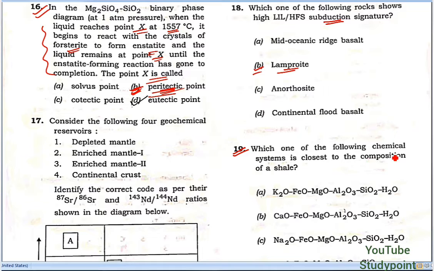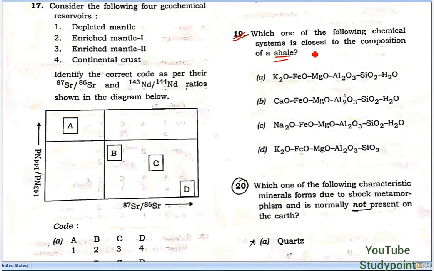Which one of the following chemical systems is closest to the composition of the rock? So we know it contains SiO2, Al2O3, Fe2O3 or FeO, and CaO, MgO, K2O, Na2O. SiO2 content 52 to 80%, Al2O3 11 to 25%, Fe2O3 and CaO, MgO total 10 to 25%, and the rest K and Na.